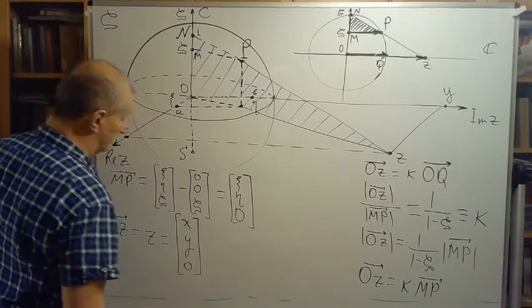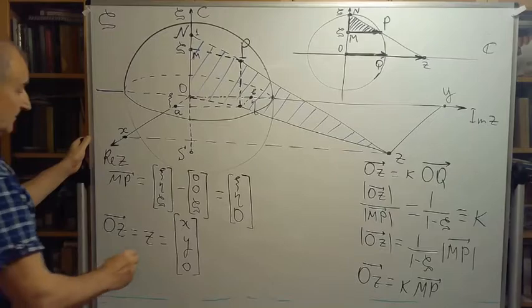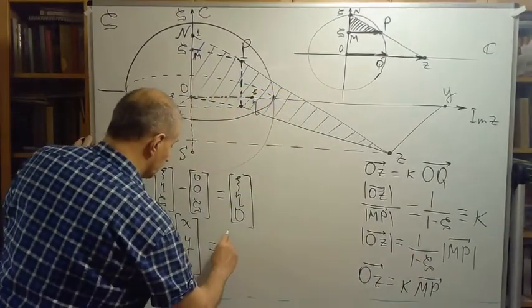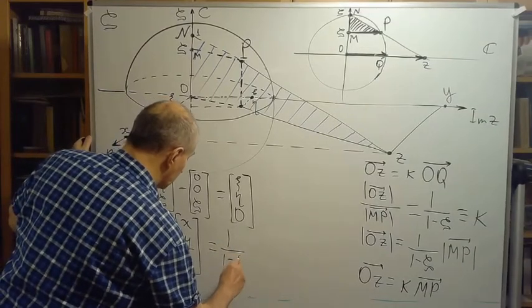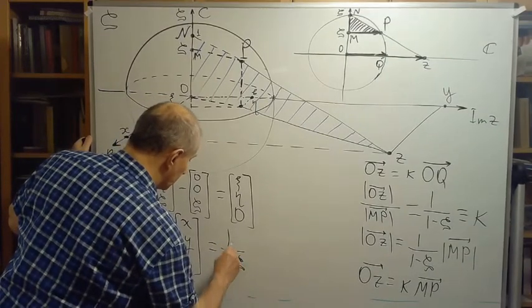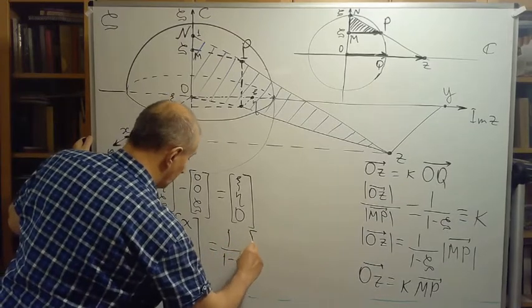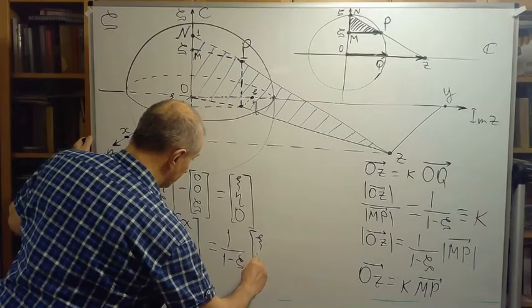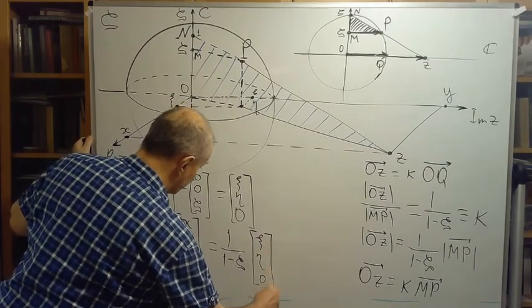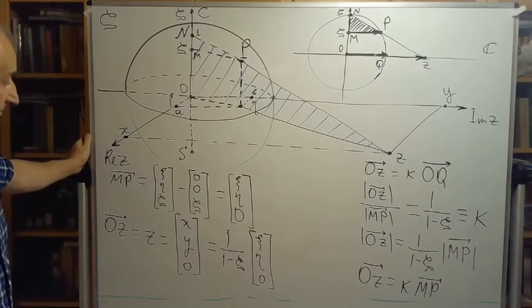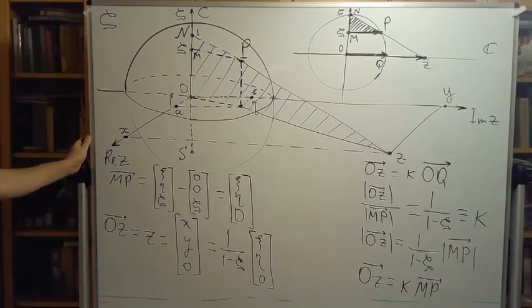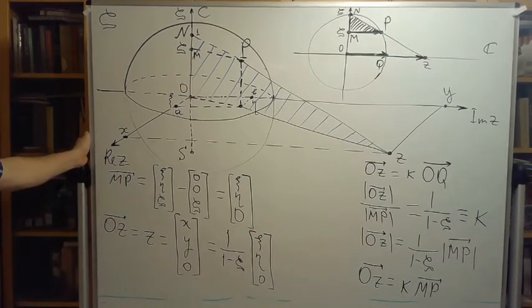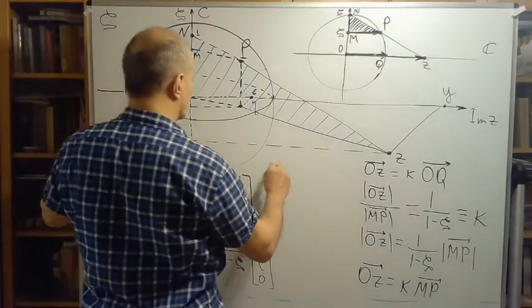It lies in the horizontal plane, in the complex plane, and equals this coefficient, 1 over 1 minus zeta, multiplied by the coordinates zeta, eta, 0. So we can conclude from here the expression for the coordinates for the real and imaginary part of number z.